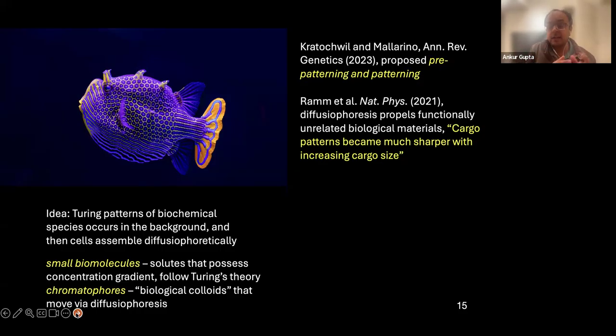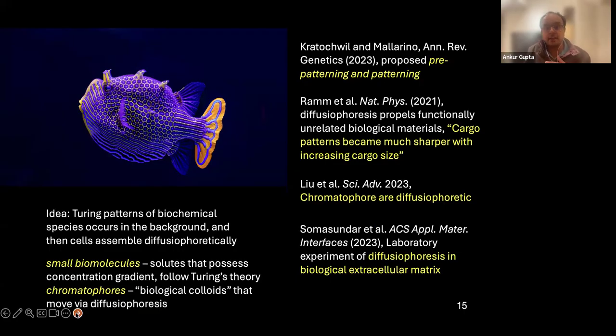This is actually exactly the same phenomenon that we see when we include diffusive phoresis in Turing patterns. Chromatophores have been shown to be diffusive phoretic. And then finally, the data you have seen today, all the experiments have been in water, but they have also been seen in biofilms, hydrogels. So we do think diffusive phoresis is possible in a realistic system.